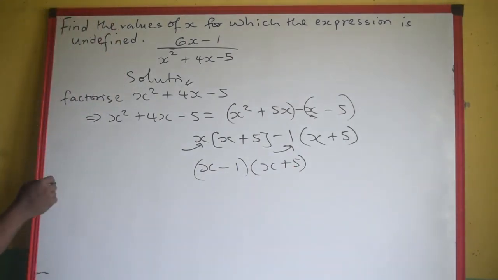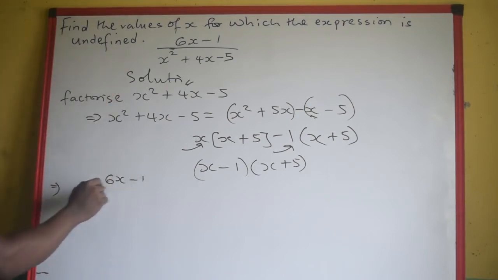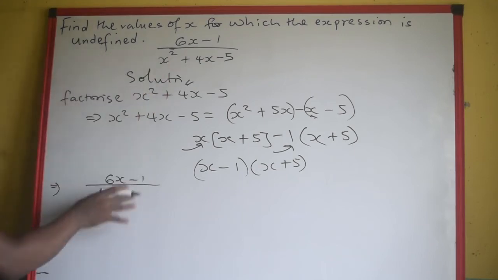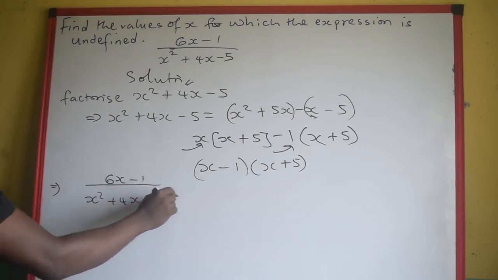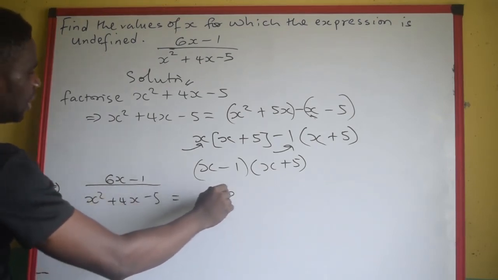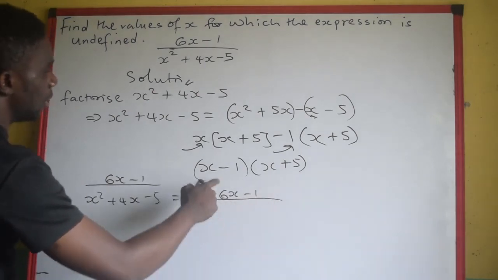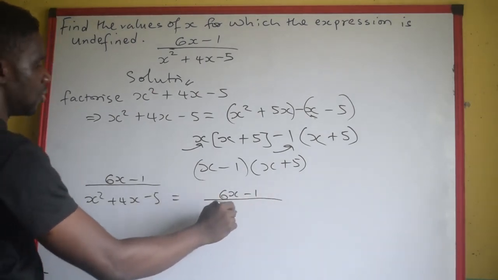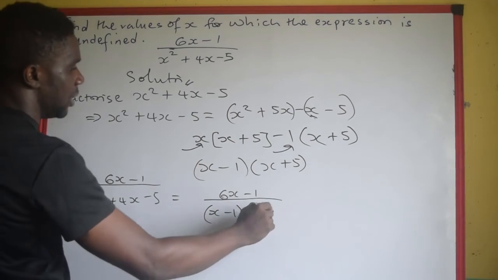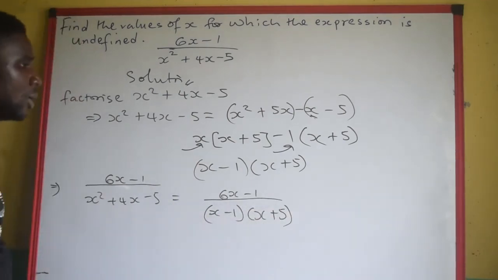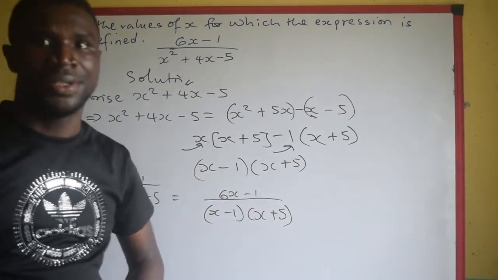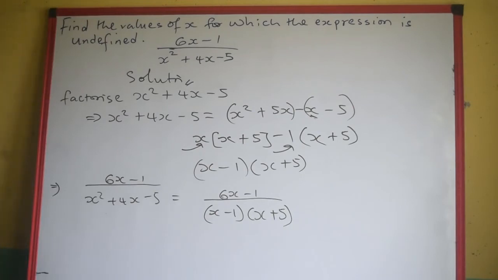So this implies that this expression, 6x minus 1 over x squared plus 4x minus 5, is the same thing as saying 6x minus 1 all over x minus 1 in brackets times x plus 5.